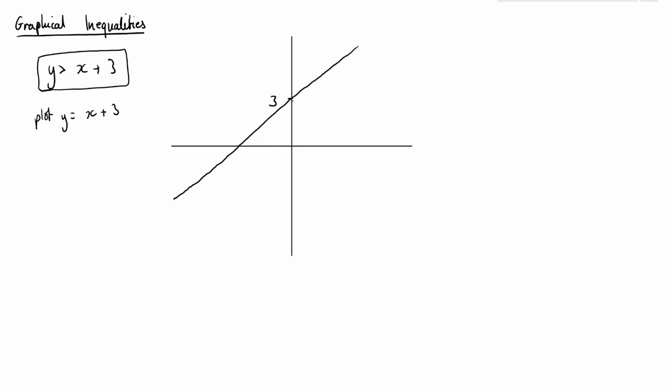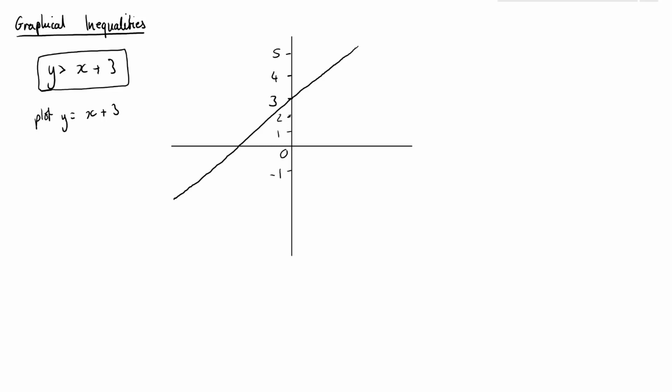If I find any value that is beneath this line here, all of these values of y will be things like 2, 1, 0, minus 1, and so underneath this line, y is less than x plus 3, because this line is where y is equal to it. If we go underneath it, it's where it's less than. If we go above it, anything above this line is going to be y is 4, y is 5, y is 6, and so on.